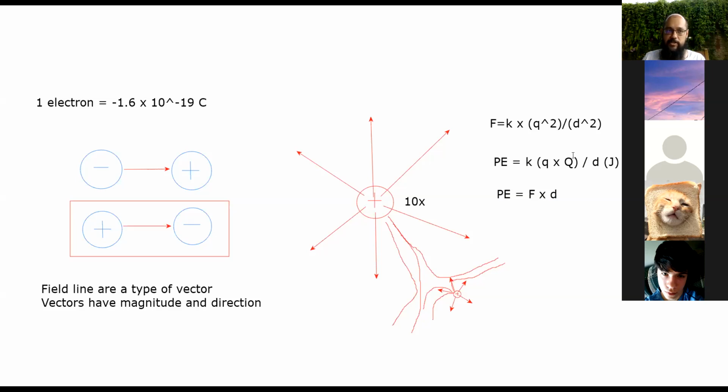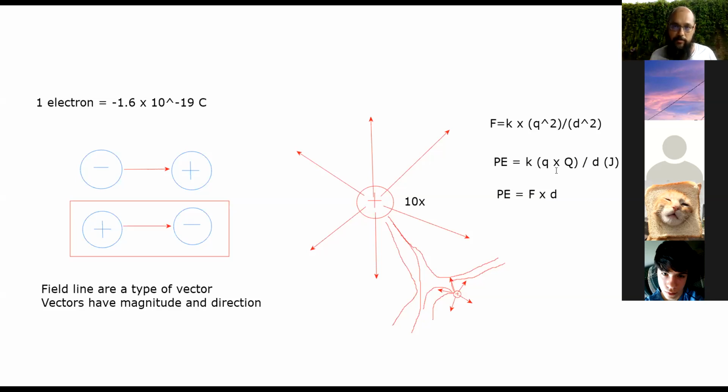So mass times gravitational acceleration times height is a simplification. Just the same way that this is a simplification. We might be able to simplify that.